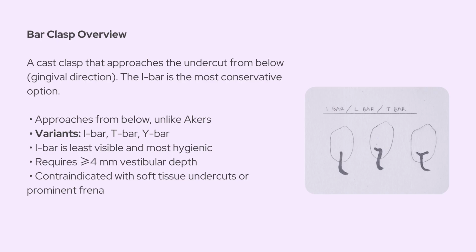It does a great job of engaging the undercut without wrapping around the tooth, and that makes it more aesthetic and easier to keep clean. But there are limitations. You need enough vestibular depth, at least 4 millimeters total, to accommodate the arm without impinging on the gingiva. And any soft tissue undercuts or prominent frena can make this design difficult to use.